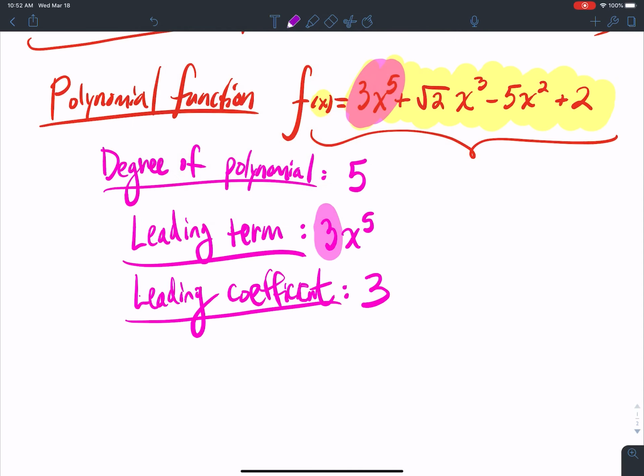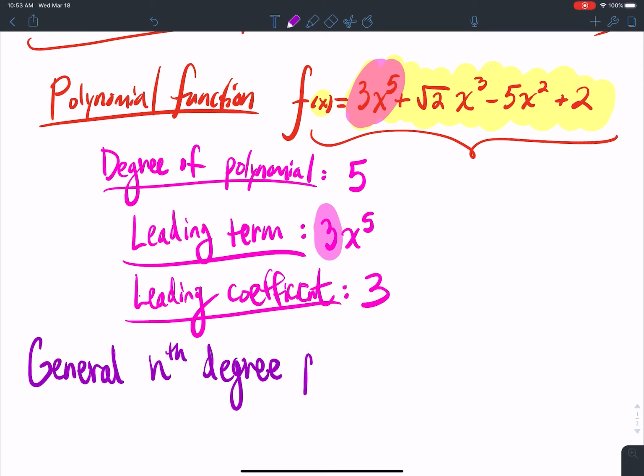Now, in general, this is going to look scary, but the general nth degree polynomial function means their lead term is x to the n, right?